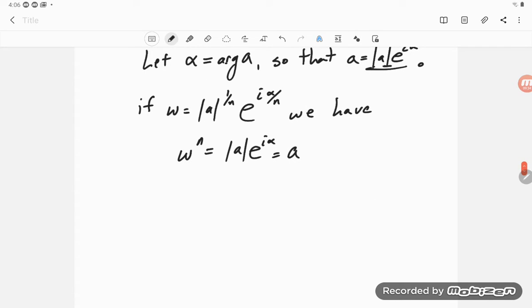Okay, so they're saying that, that is a particular solution. Okay, so they say, so w is a particular solution.